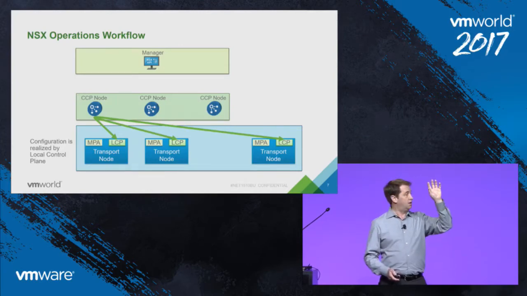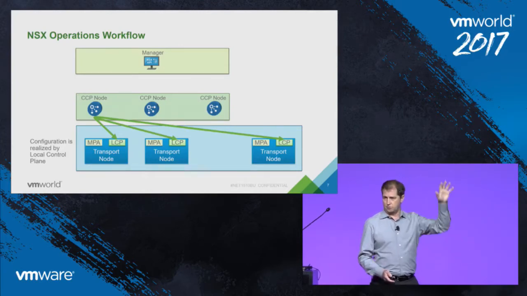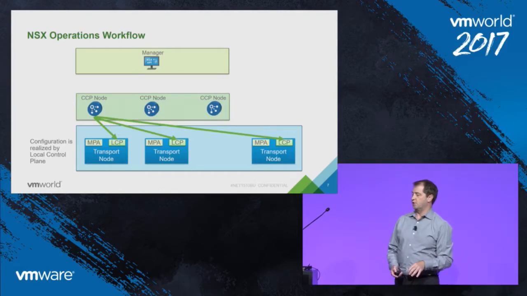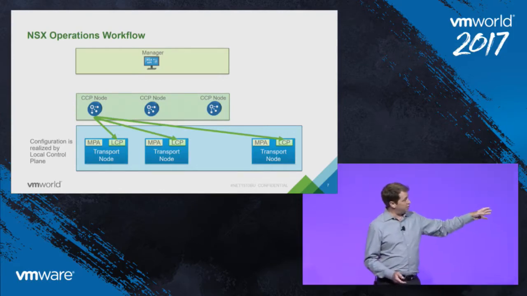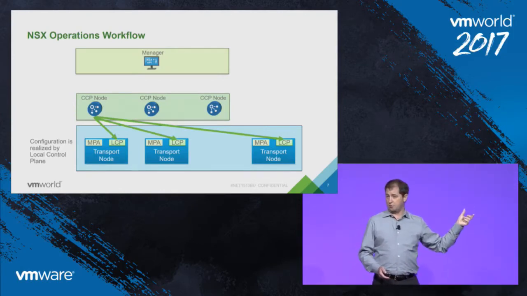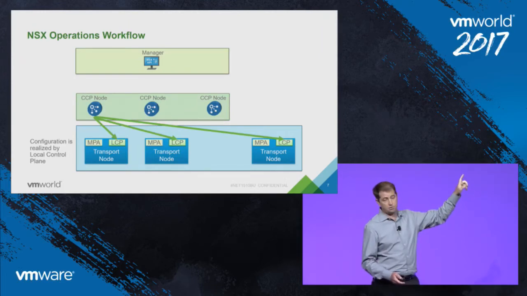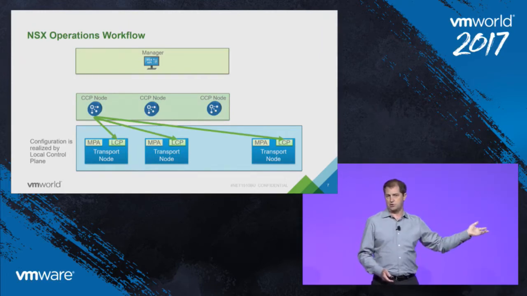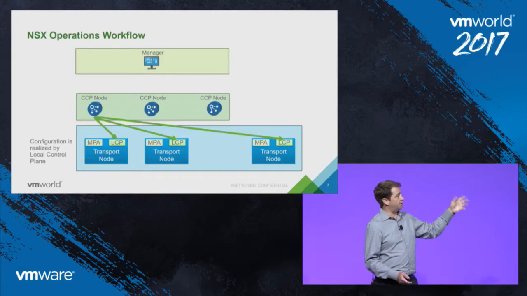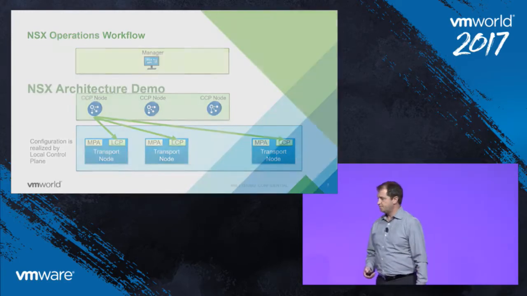So we go from a desired state to a realized state through this process of configuration. Also on the transport node is something called the MPA. This is the management plane agent, and this is what communicates to the manager for things like installation of our kernel modules and other coordination of management components.